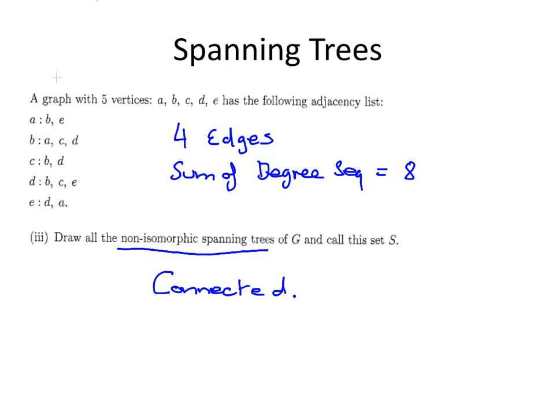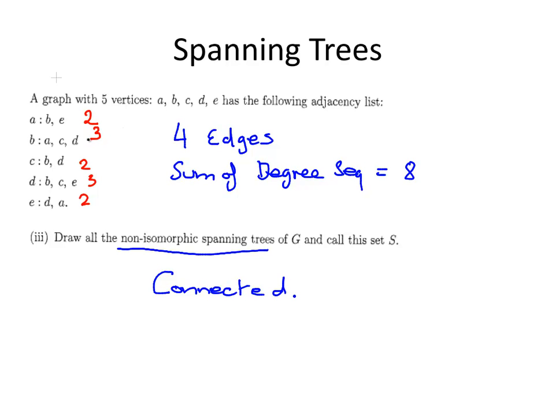And also, just look over here. Let's write out the degree sequence of the vertices of G, the underlying graph itself: 2, 3, 2, 3, 2. So in this case, the highest possible degree of any vertex is 3.